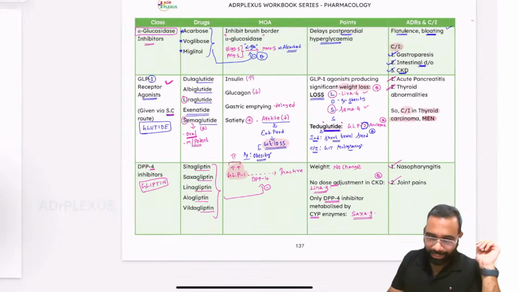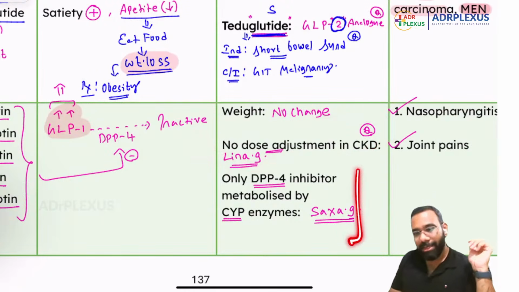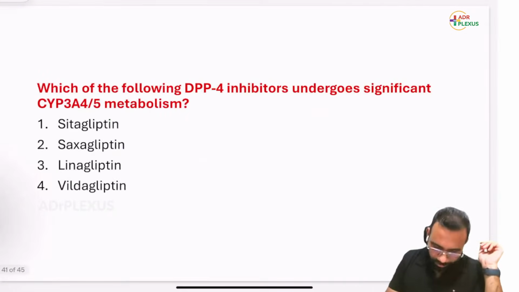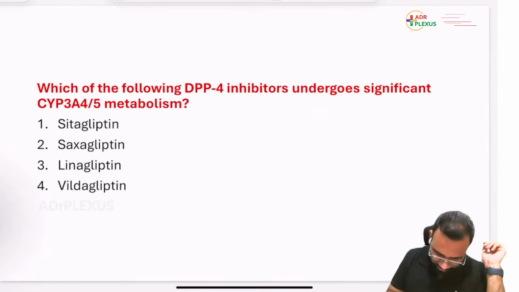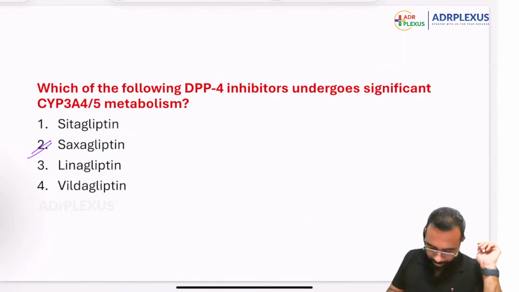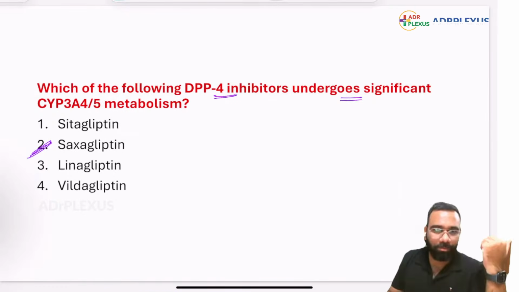Again, a direct question. I told you this is a question asked multiple times in the exam. If you can remember, this is the same question we discussed in the leaderboard also. Saxagliptin. So that's all about DPP4 inhibitor which undergoes significant metabolism.